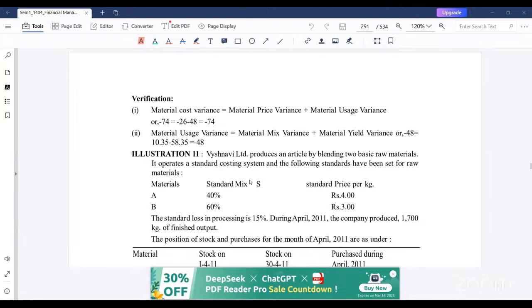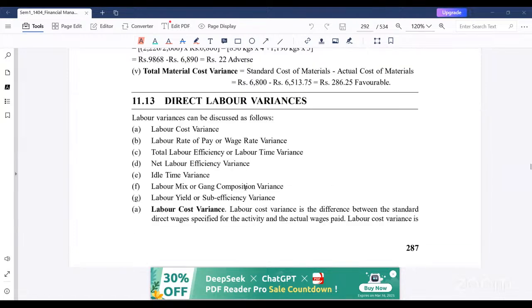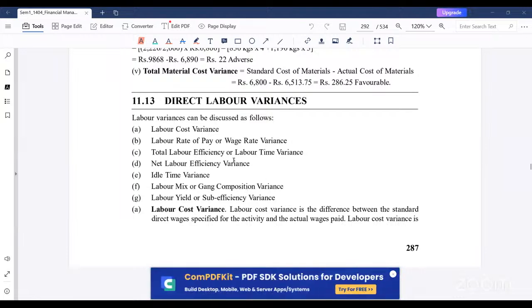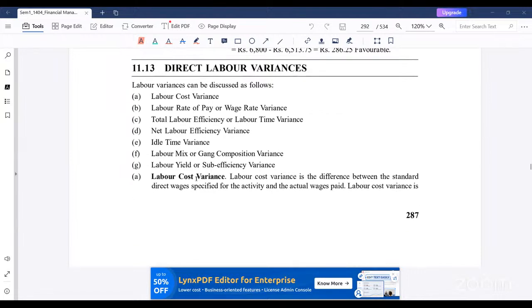Next is direct labor variances. Under this, we will discuss labor cost variance. Same as material had cost, price, usage, mix and yield, similarly here we will have labor cost variance, labor rate of pay or wage rate variance, labor efficiency variance, idle time variance, labor mix variance and labor yield variance.